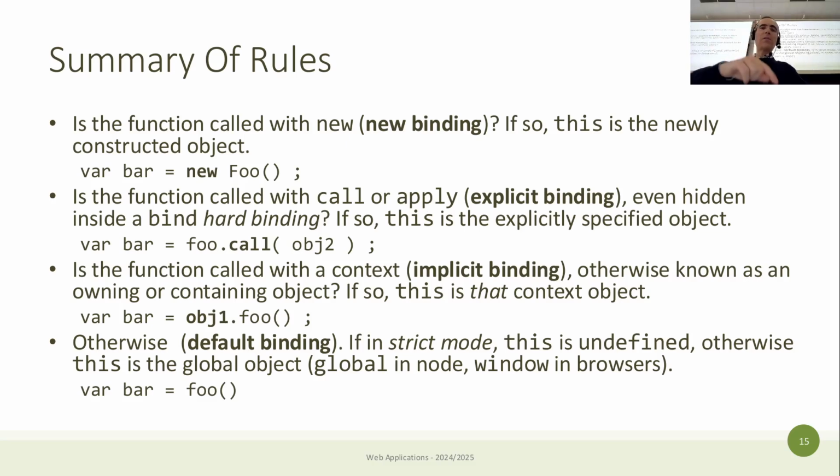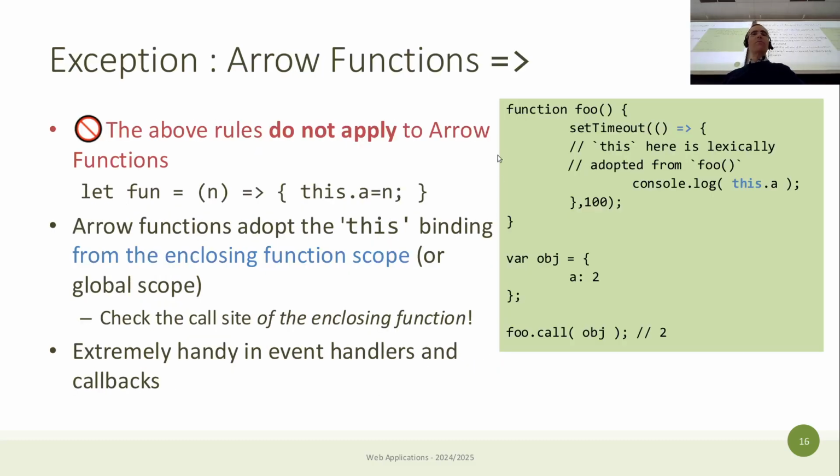Is the function called with a context? It means it's called as a property of an object, so this is the object. Otherwise, nothing. In strict mode, it's undefined. That's almost all, because arrow functions are an exception to this rule.